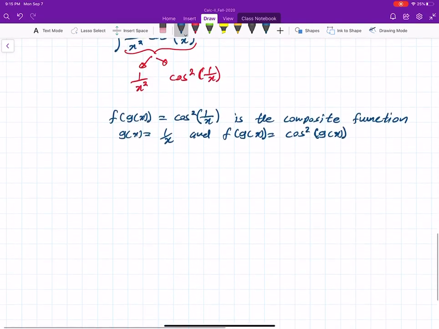That is step number 2. And now you have to use step number 3. Step number 3 says you have to treat g of x as the substitution. Try u equals g of x, which is 1 over x.